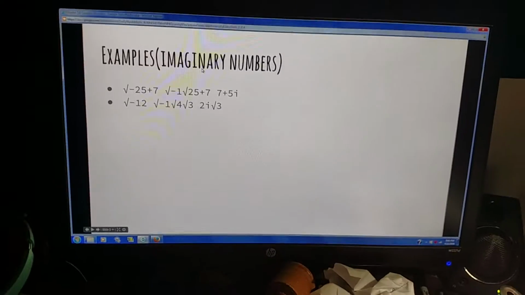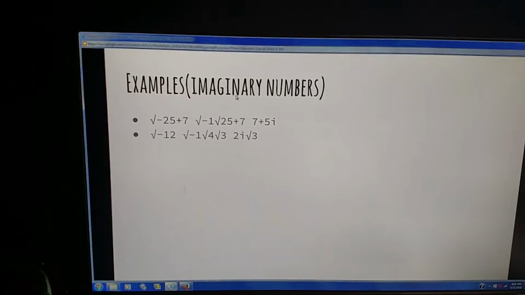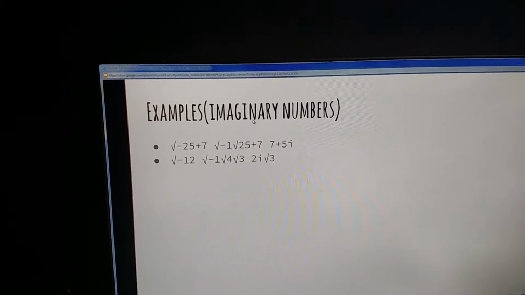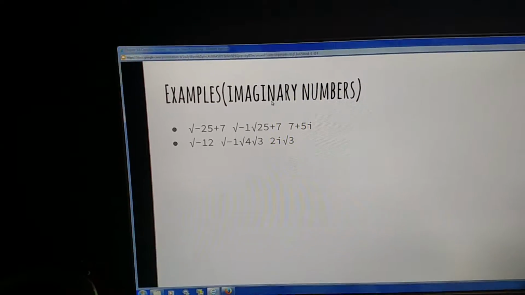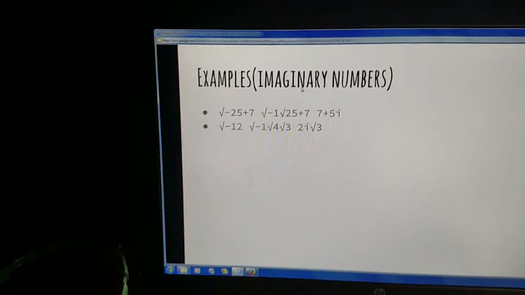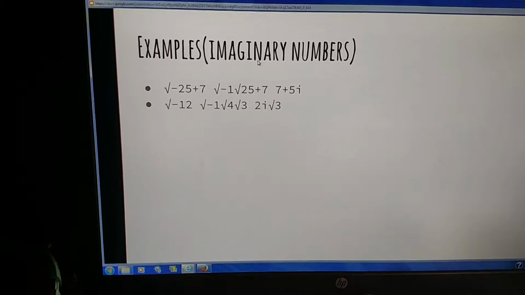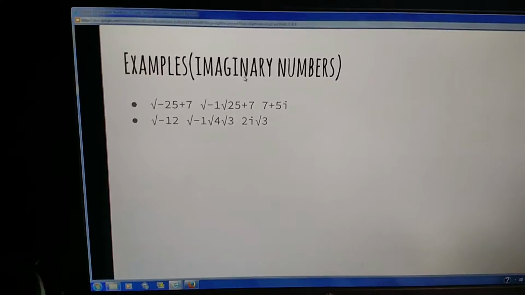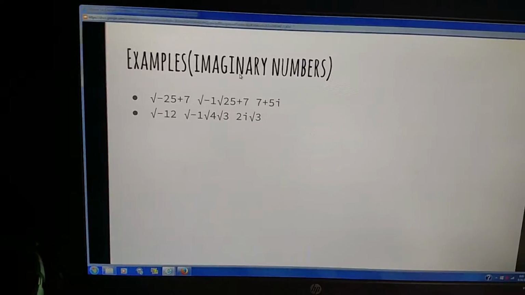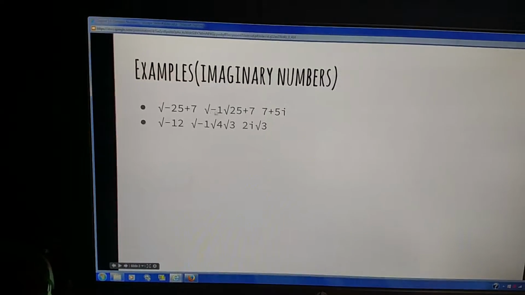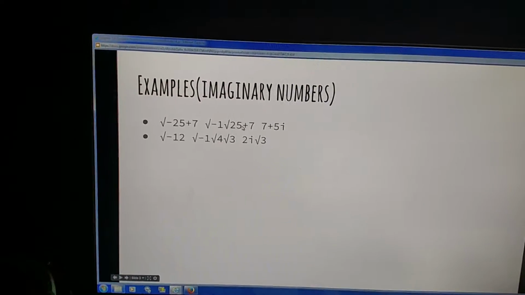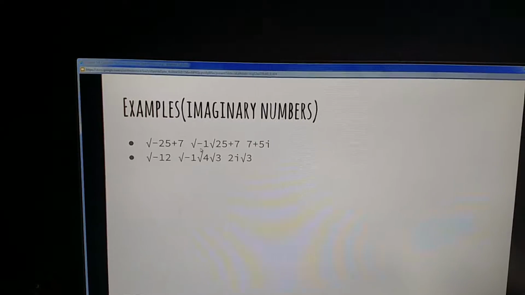So let's say, I don't know, square root of -25 plus 7. So you see, we can have a negative underneath the square root. So we usually just take the -1 away from the 25.